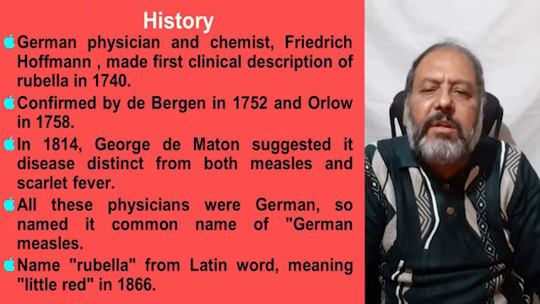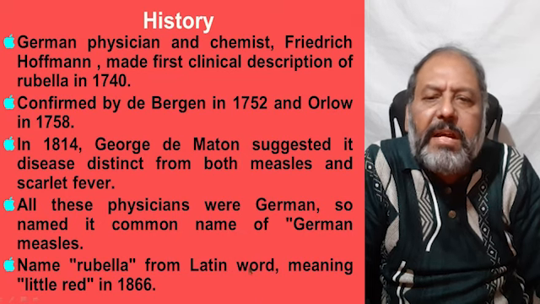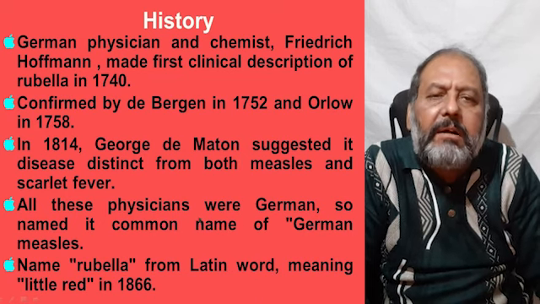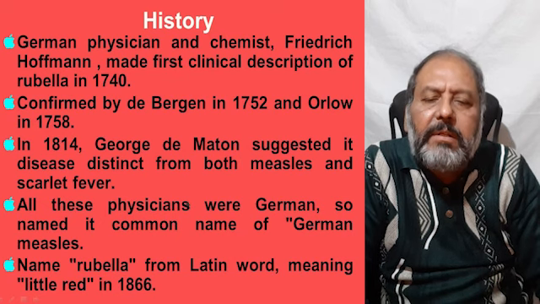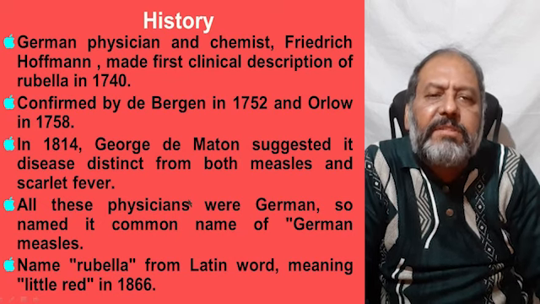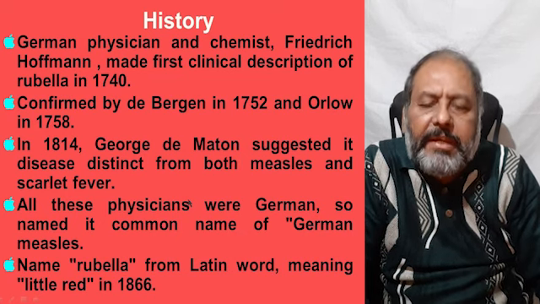Now, the history of rubella. German physician and chemist Friedrich Hoffmann made the first clinical description of rubella in 1740, and it was confirmed by de Bergen in 1752 and Orlow in 1758.